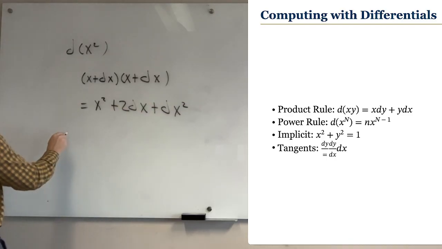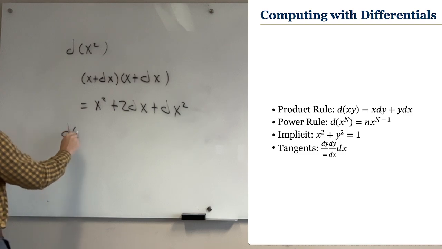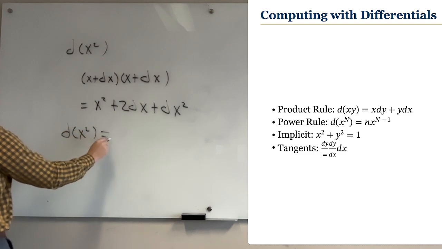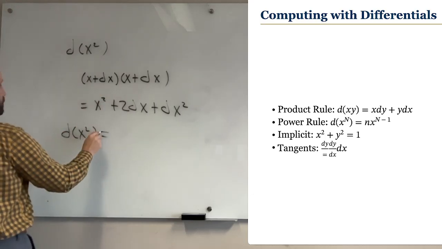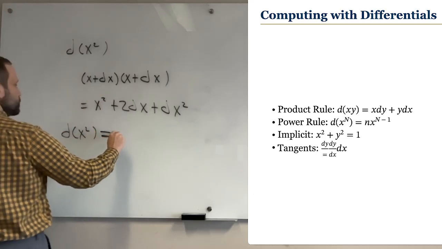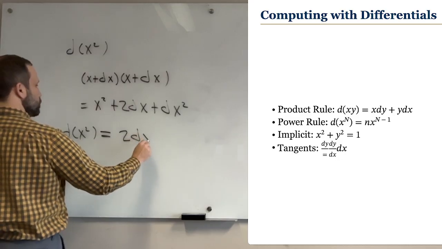What this means is that the change in x squared is going to be equal to this minus x squared, and so this is equal to 2dx plus dx squared.